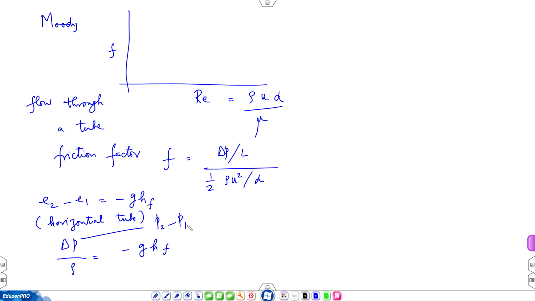So, what you want is gHf. This is the quantity, if you remember the pump calculation, what you want is gHf. So, gHf is evaluated in terms of F as F L u squared over 2D.